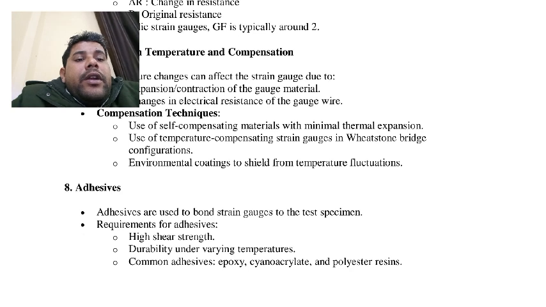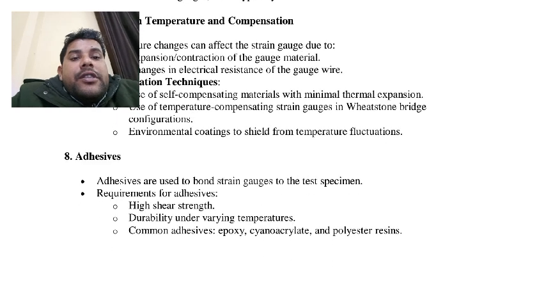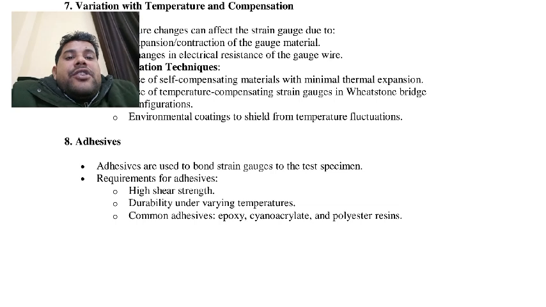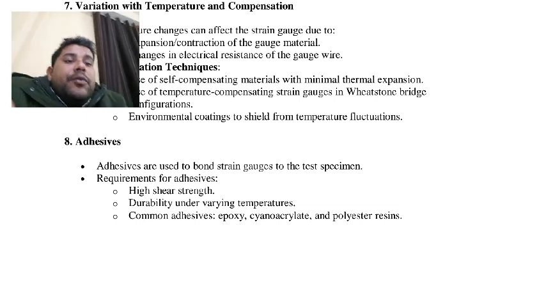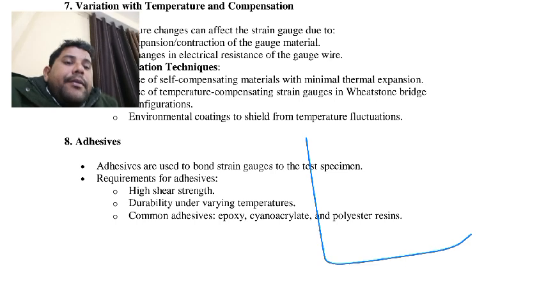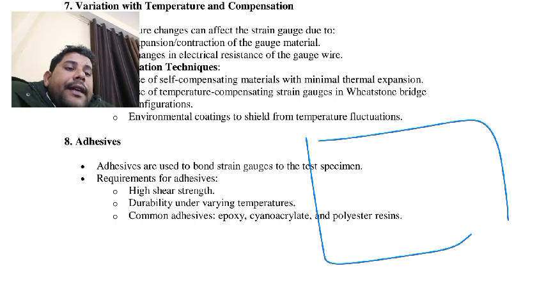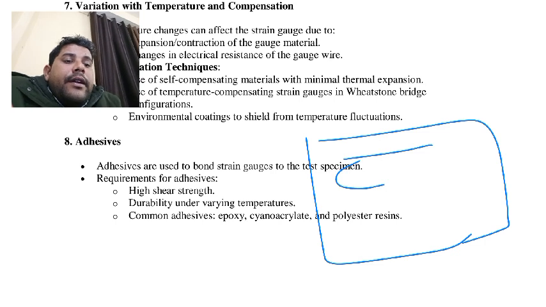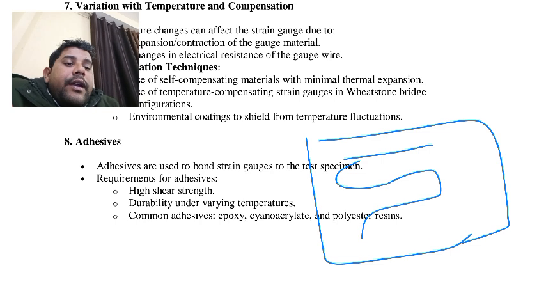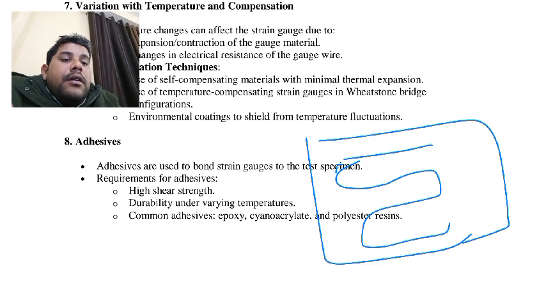Next is an environmental coating to shield from temperature fluctuations. And next is the adhesive. What is the adhesive that's used in a strain gauge? Adhesives are used to bond the strain gauge to the specimen. Suppose this is the backing material, and the strain material is put in this way.